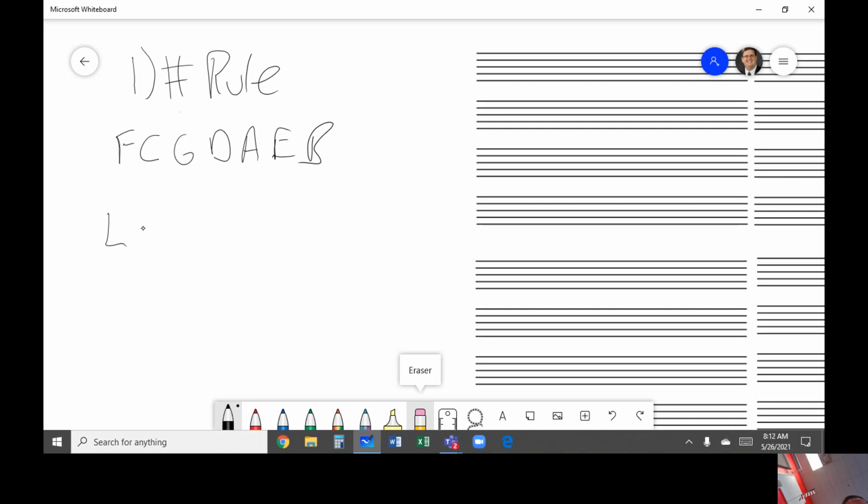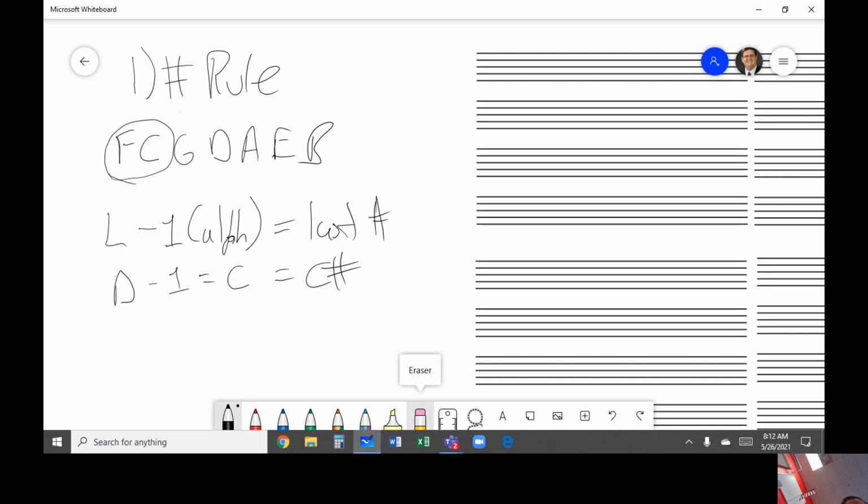You subtract 1 in the alphabet, and that equals your last sharp in the key signature. So if I ask you for D, minus 1 equals C. That means that C sharp is the last sharp in the key signature. Therefore, in the key of D major, there are going to be 2 sharps, F sharp and C sharp.